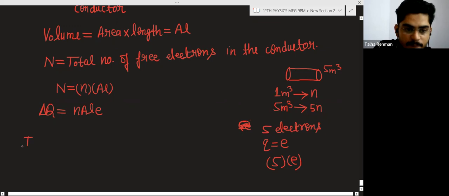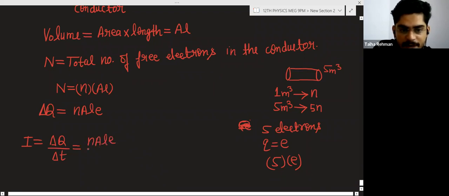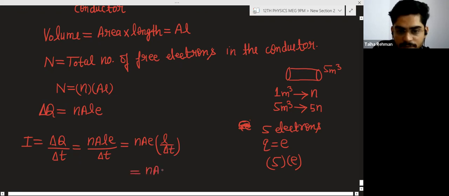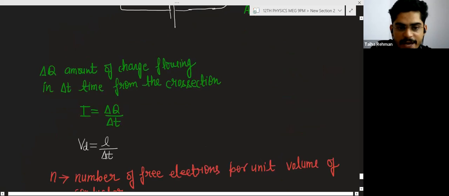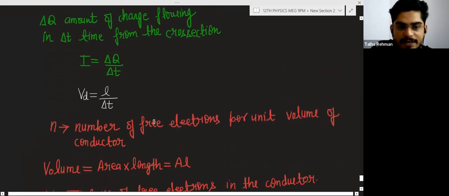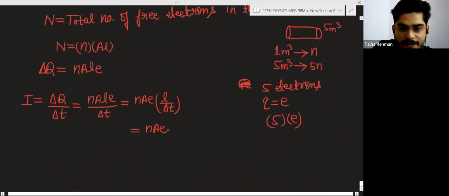Now current I is equal to delta Q divided by delta T. The charge is nALe divided by delta T, and this is nAe times L by delta T, and L by delta T is the drift velocity.